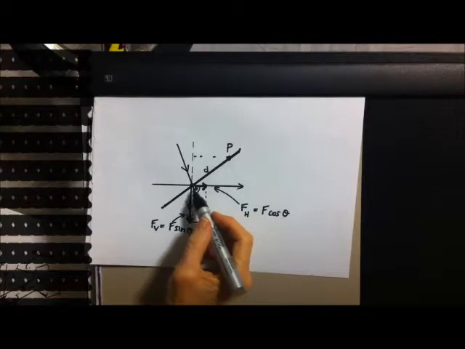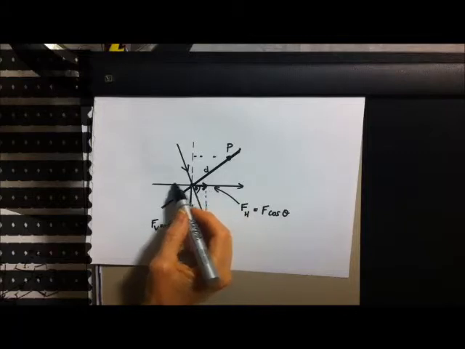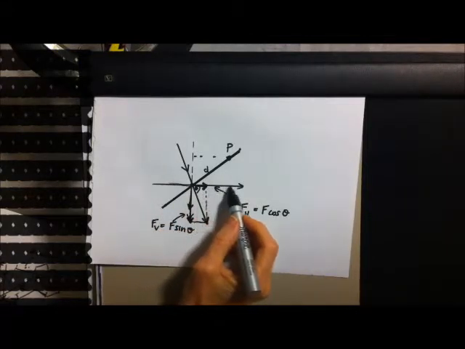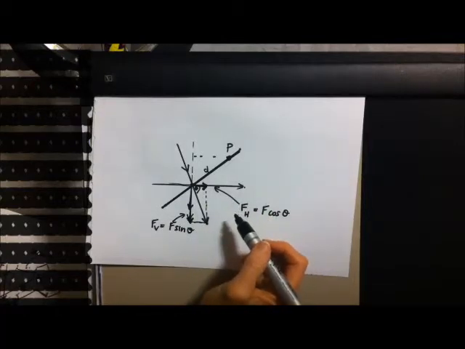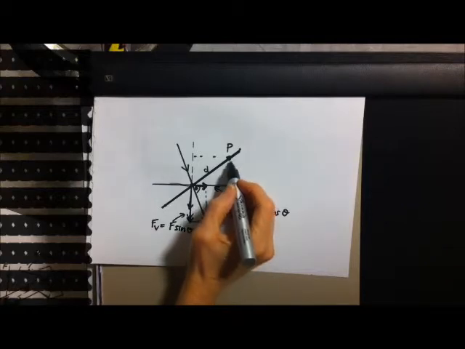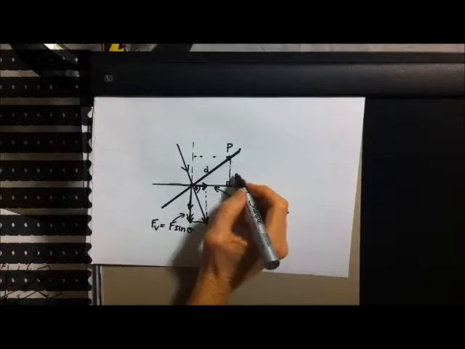Well, what we do is remember that each of the forces that we're looking at now that are making up the moment have a line of action. So we can draw the line of action for the horizontal component, and it has a perpendicular distance from that line of action back to the pivot point.